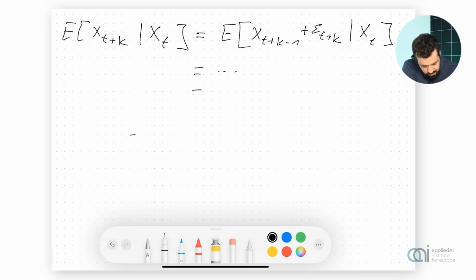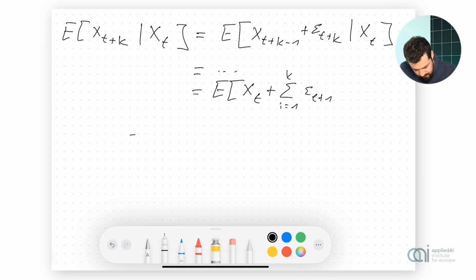So let's do that several times. And then we arrive at x_t plus the sum of all these epsilon_{t+i}.